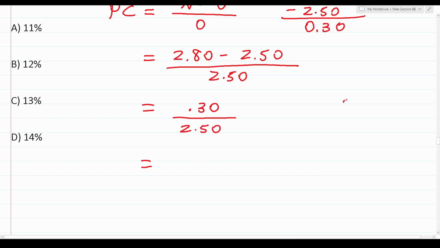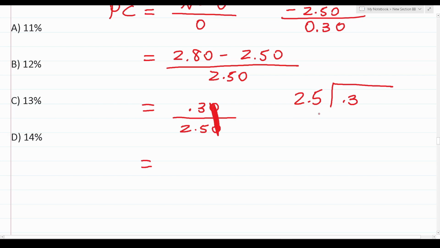Again, this says 0.3, and I'm going to drop these zeros. We really don't need them. They're just making things more complicated. This says 0.3 divided by 2.5. All right, so as we've seen in this video already, we're working with decimals and long division.